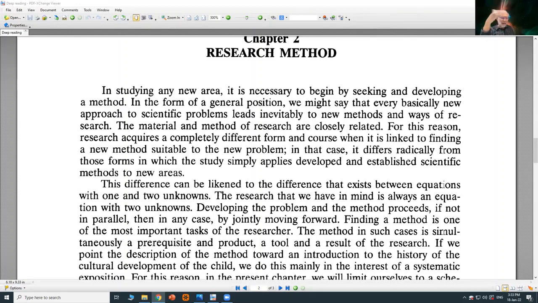So it lays itself open to some metaphorical things, but I'm having trouble imagining what a new approach would be if it didn't involve method. Can I think of myself approaching a new topic, a new area of scientific research or research without thinking about the method?